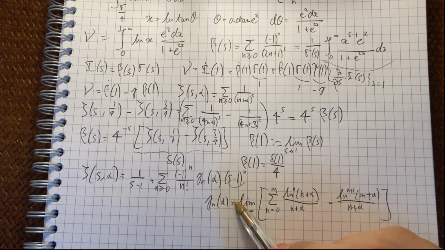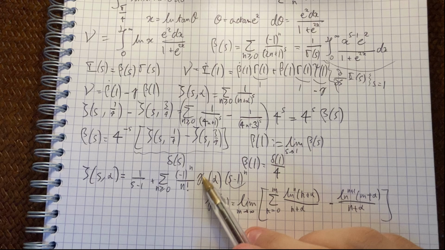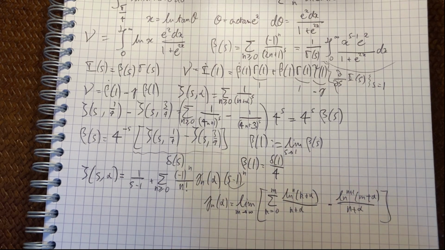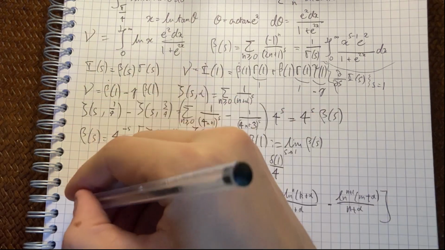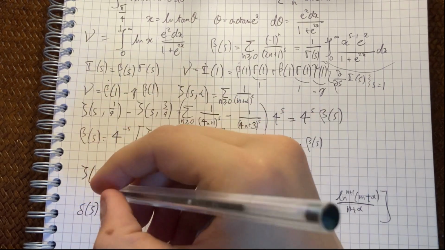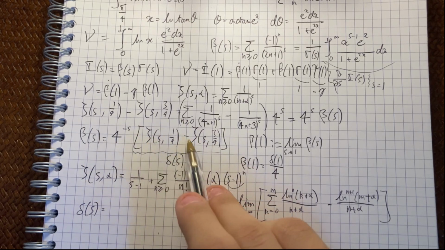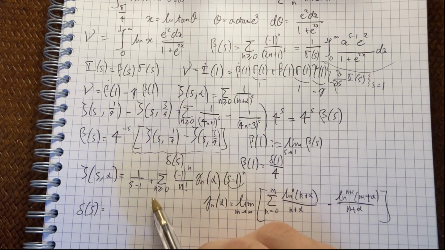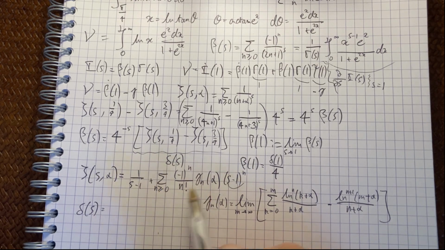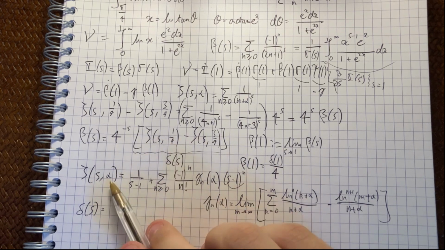So for the first term we're looking for, we only need the first case, gamma 0 of alpha. Why do I say this? Because here you see that delta of s is just a difference of zeta stuff, and so we're only left with the sum here because this term doesn't depend on the second argument, alpha.